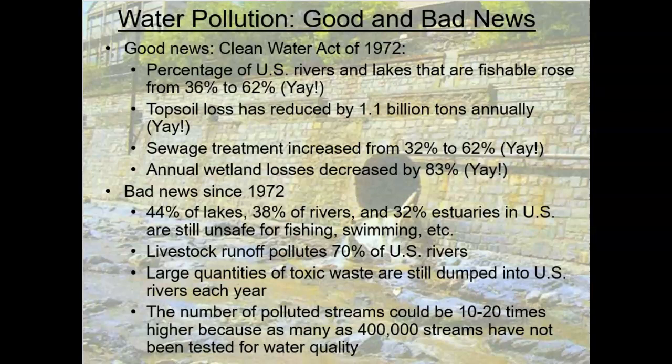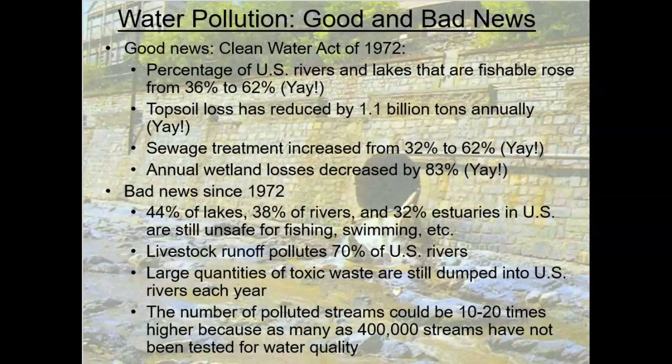Okay, so bad news since 1972 is that about 44% of lakes, 38% of rivers, and many estuaries are still unsafe for fishing and swimming. I wouldn't put a whole lot into those statistics because they change regularly, just so you know, right?